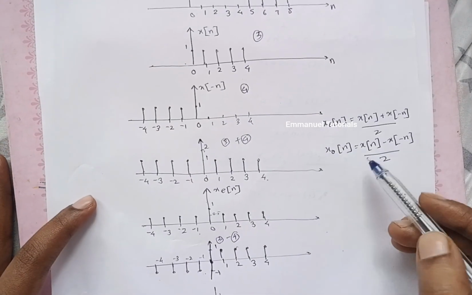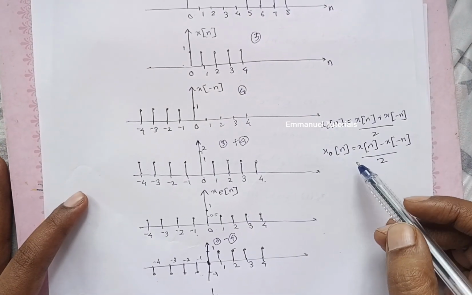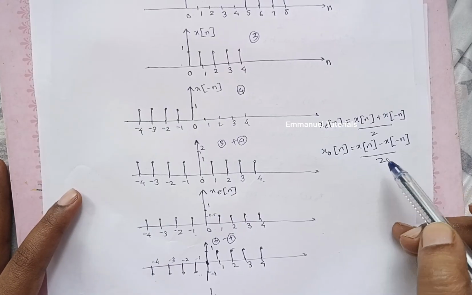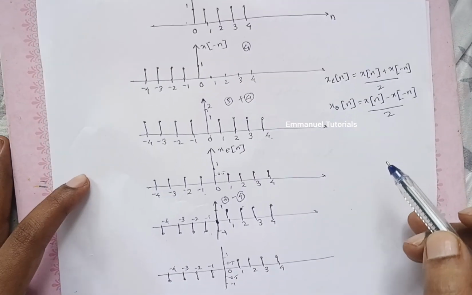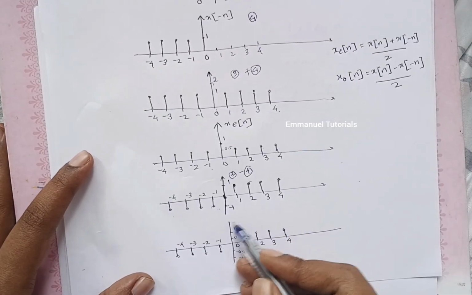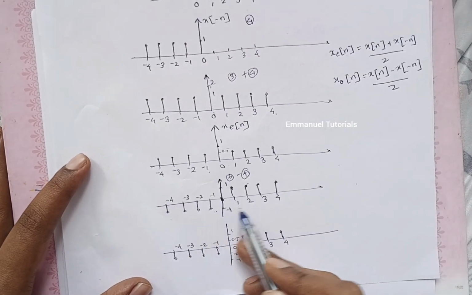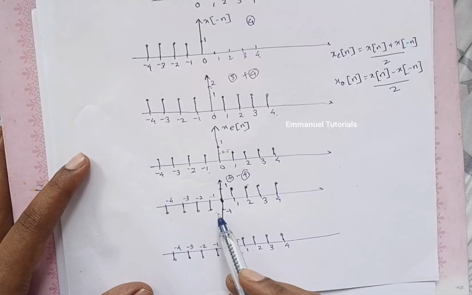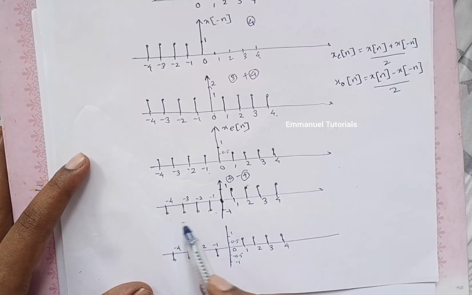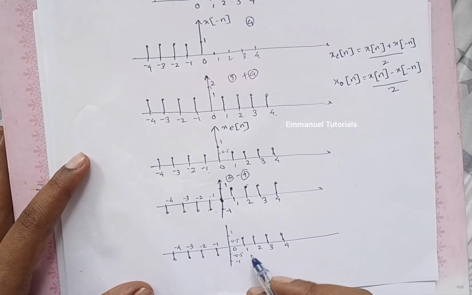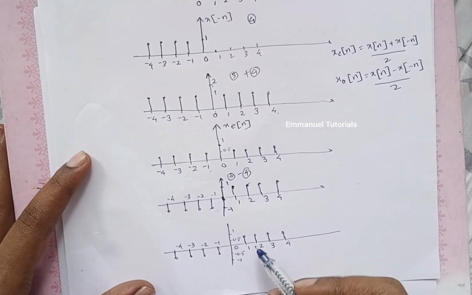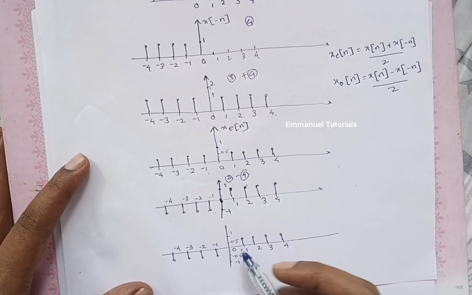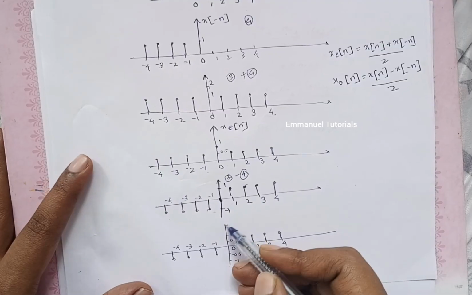But the final one, that is the odd signal component, will be found only if you amplitude scale by 2, that is divide by 2. So here if you amplitude scale the entire signal by 2, you will have from minus 4 to minus 1 as minus 1 by 2, which is minus 0.5, and from 1 to 4 as 1 by 2, which is plus 0.5, and at 0 it is 0 by 2, which is 0.